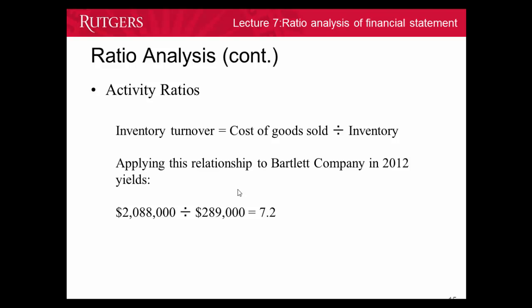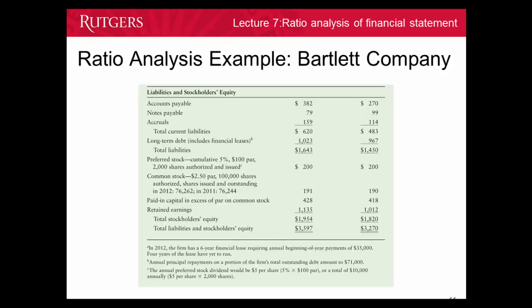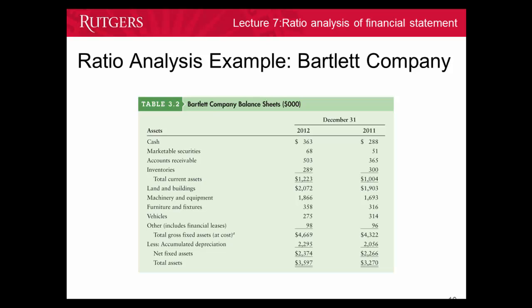It is calculated by using cost of goods sold divided by inventory. This ratio shows how many times a company's inventory is sold and replaced over a period. So to calculate these two components, let's again go back to the financial statements. On the balance sheet, you can find the inventory here.